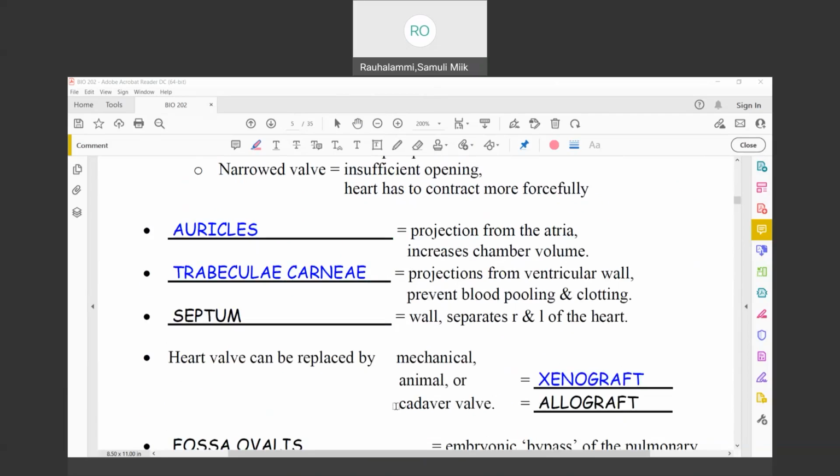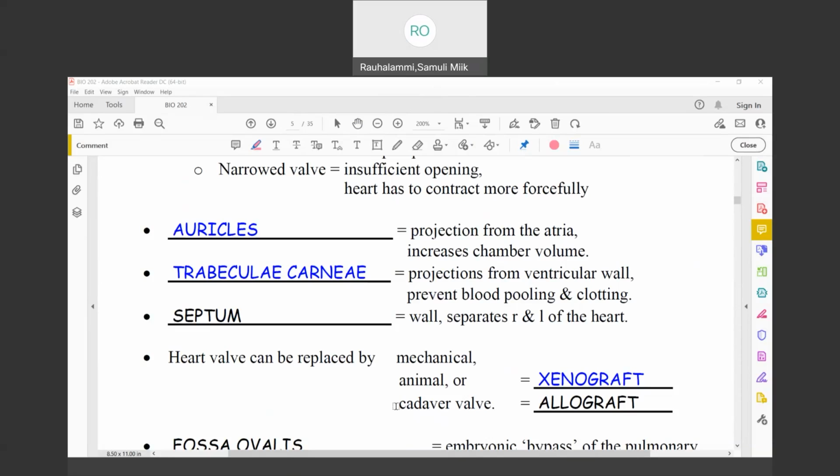These allografts are used and quite well available if there's a greater need than what is available, but we're lucky. There are areas where there's far less availability because of religious or other beliefs that restrict the use of the donor valves.